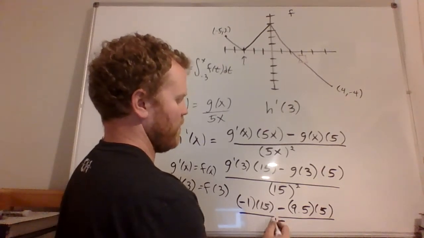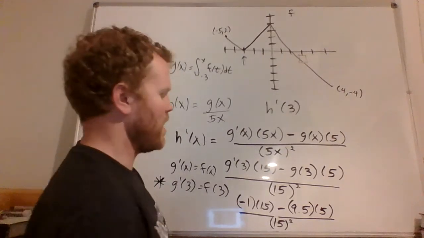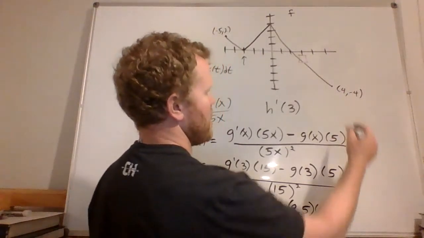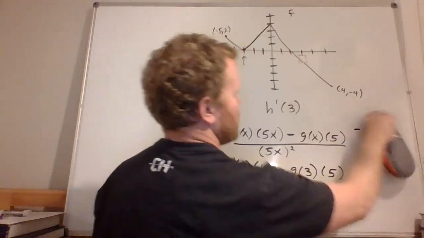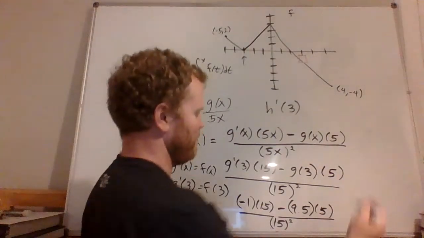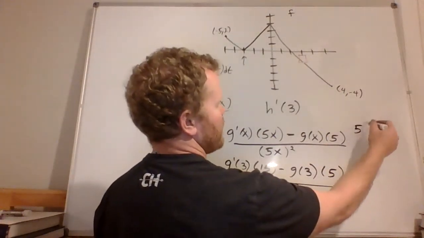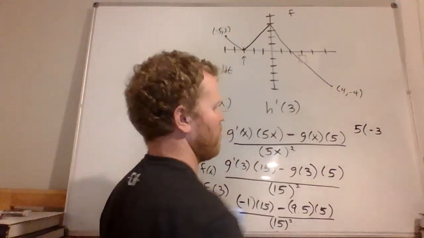I'm going to leave this as 15 squared for simplifying purposes, and this is going to be a lot nicer at the end. So this actually winds up being negative 15, where if you think about this, the key to me for simplifying this would be to factor out a 5. So this should be 5 times, this is negative 15, so we're leaving behind a negative 3.